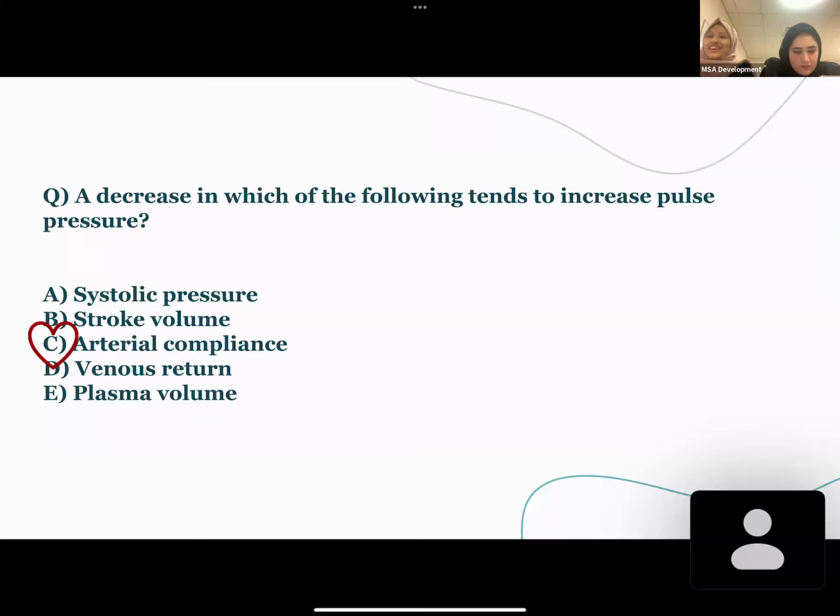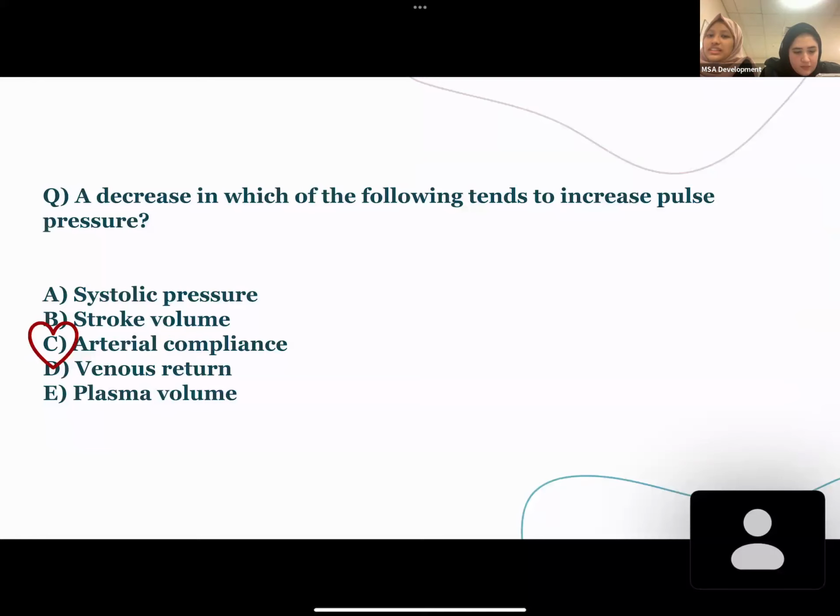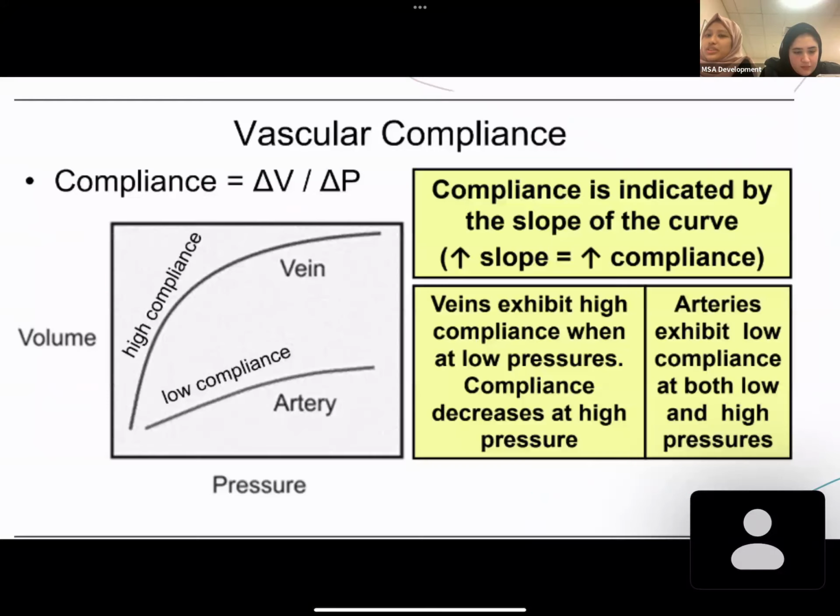Let me try to explain it. Do you remember the compliance formula, which is in hemodynamics 2, if I'm not wrong? Vascular compliance can be determined by either volume or pressure. So compliance is volume over pressure. The more the volume, the more compliant the vessels, so the blood vessel is able to hold more, right?